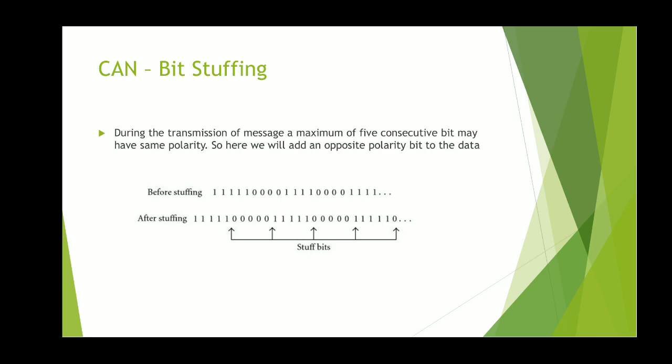In bit stuffing, if 5 consecutive 1 bits or 5 consecutive 0 bits occur, then we add an opposite polarity bit to the data, and this will give a transition in the encoded output voltage level. So the clock recovery circuit in the receiver will be able to regenerate the clock.